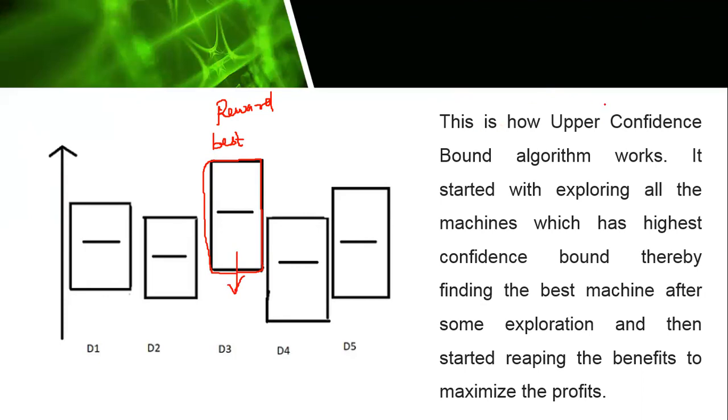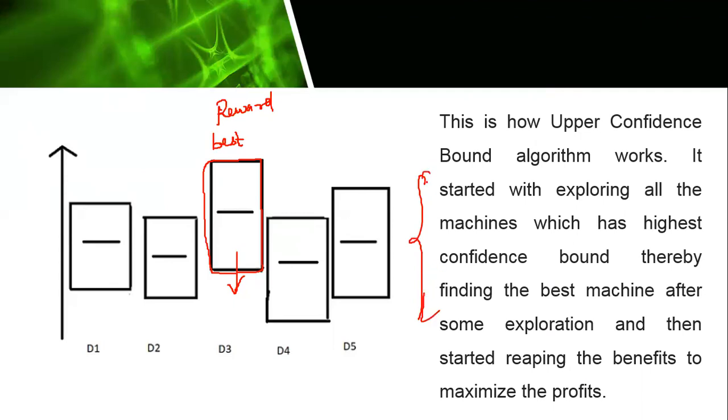So this is how the upper confidence bound works. It started with exploring all the machines, and found the one with the highest confidence bound. After some exploration it found the best machine, and then started reaping the benefits of maximizing the profits. So this is the crux of the upper confidence bound algorithm.